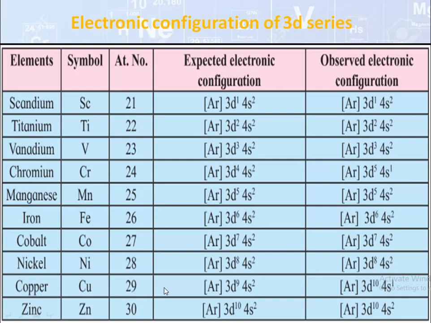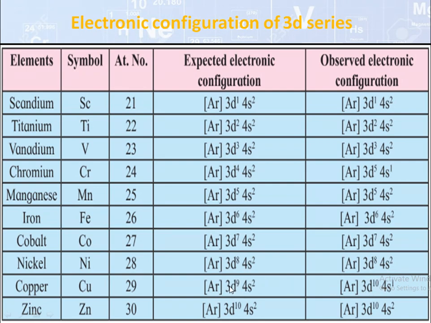Here for copper, the expected electronic configuration is 3d9 4s2. We know that if it gets one more electron, it will become completely filled and more stable. We know that the energy gap between 3d and 4s is very small. So one electron from s will transfer to d to become completely filled and more stable.